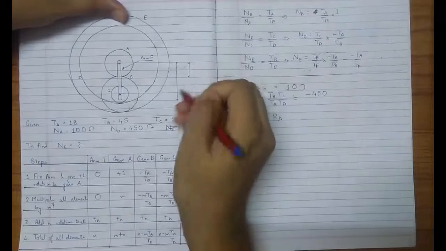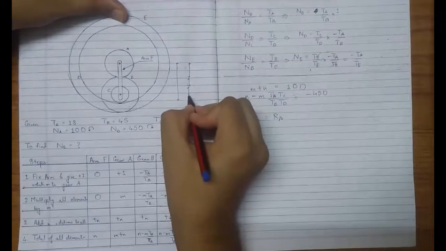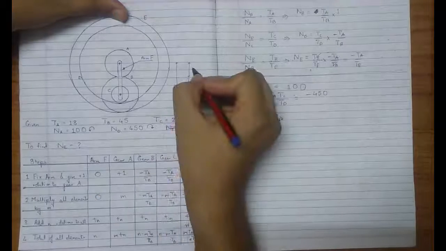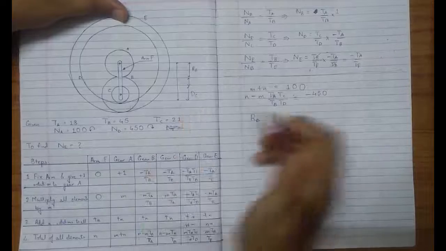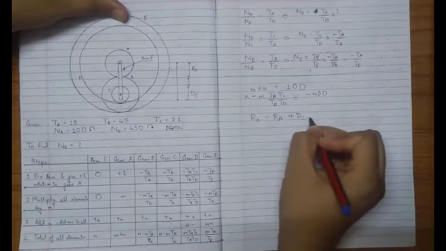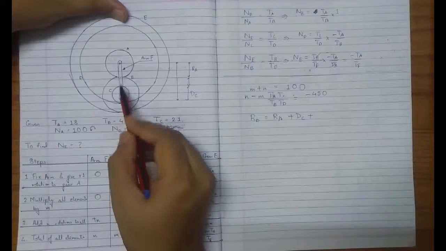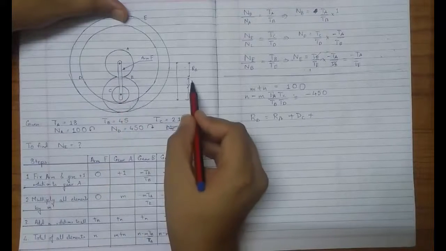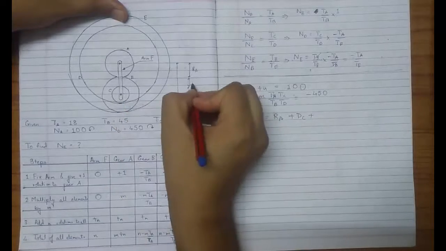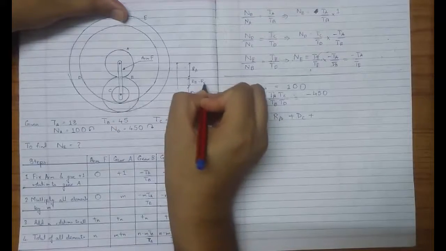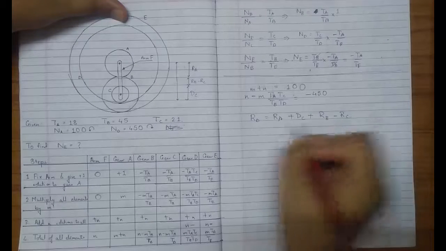First is radius of A, then it is this small part, then it is this diameter of C. This is radius of A, this is diameter of C, plus what is this part? This is radius of B minus radius of C.